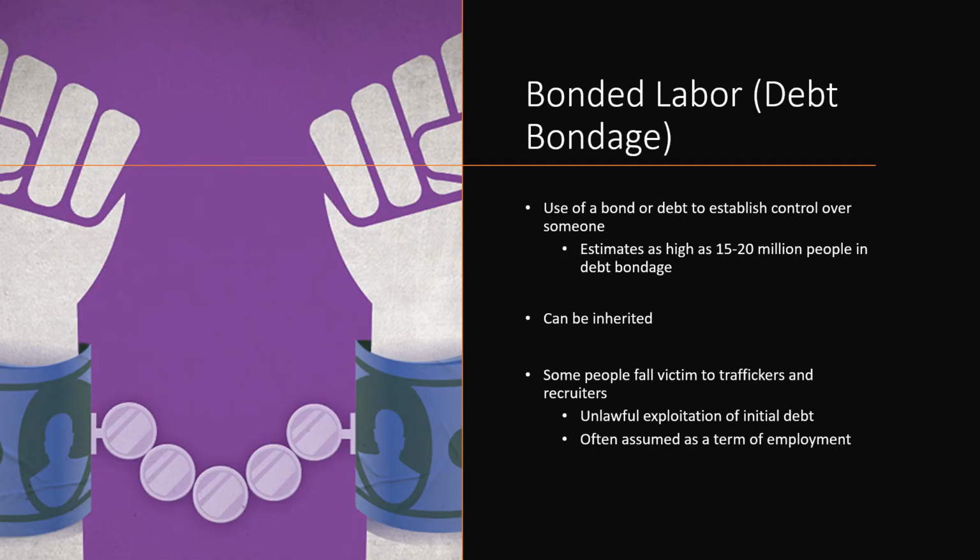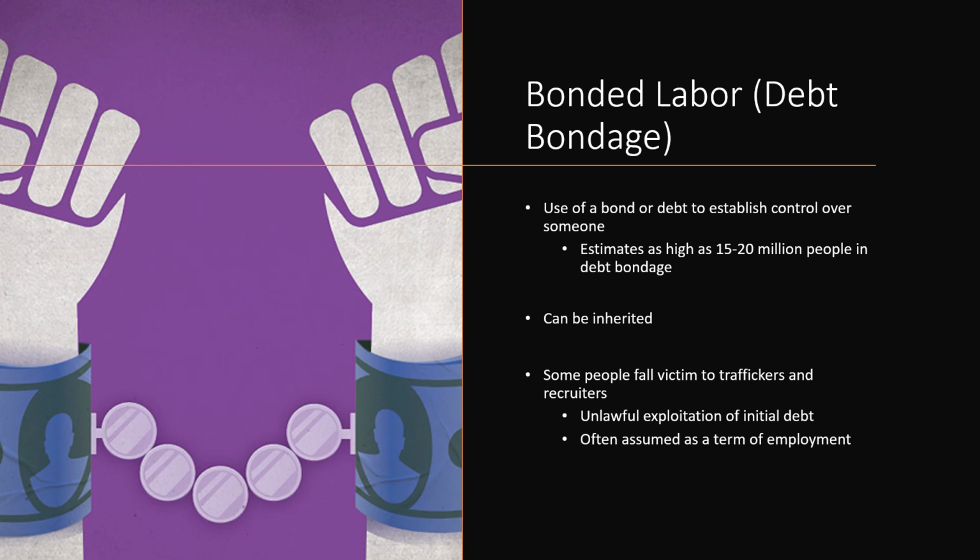Okay. So now that we've talked a little bit about human trafficking, and we have defined what slavery is and what we're really talking about, let's talk about the different types of modern slavery. The first type that we're going to talk about is bonded labor or debt bondage.